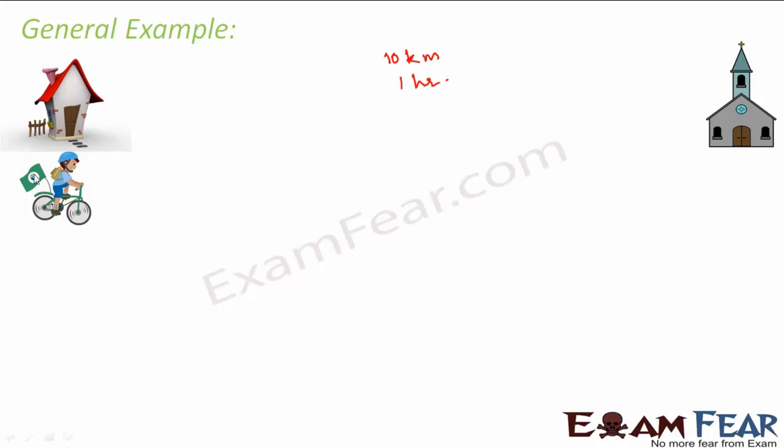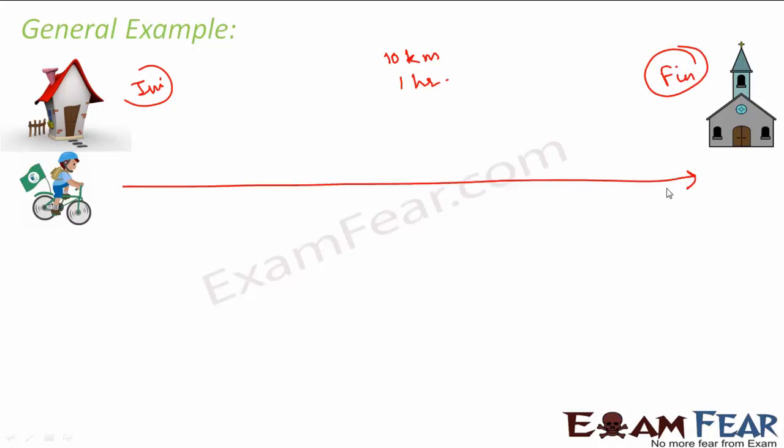So in this case, what would be the average speed and average velocity? Since the boy is going from the initial position to the final position via the shortest path, right? He will just straight away go like this without going any right, left or any curve turns, right? So in this case, my distance and displacement both are same, that is 10 kilometers.